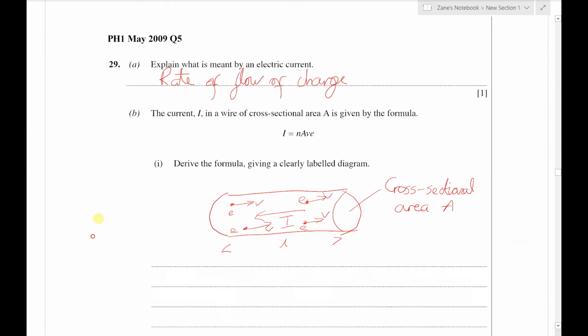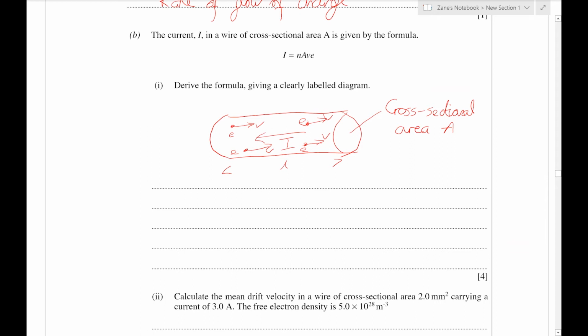On the next part of the question, we're given the standard formula I equals nAvE, and we're asked to derive the formula given a clearly labelled diagram. So I've pre-drawn a diagram here where I've got a section of wire, and in that section of wire of cross-sectional area A and length L, there are some free electrons.